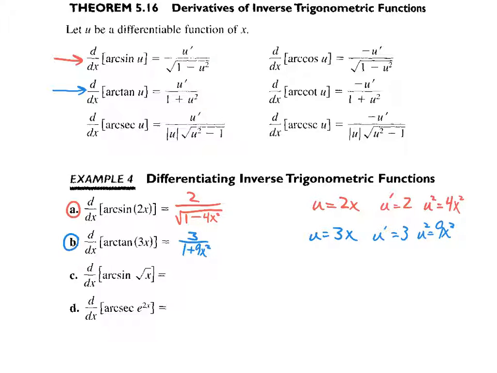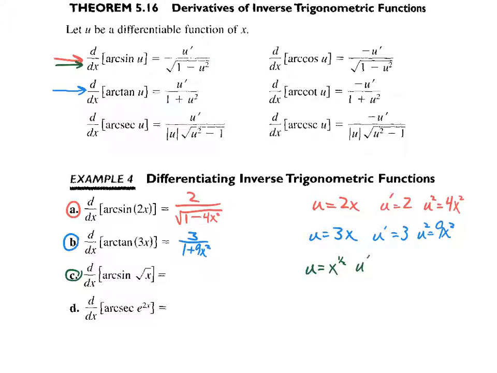Okay, let's try another arc sine one. So we're using this formula again. U in this case is the square root of x, or x to the 1/2.